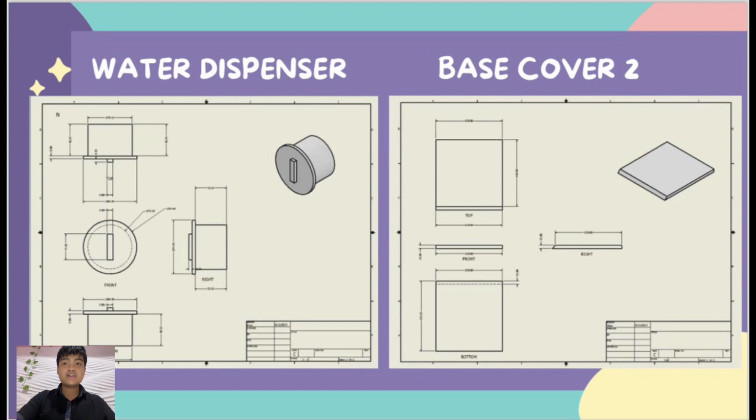I'm going to talk about the second base of the machine. The measurement is also the same as the base that I just described, but I'm going to explain it once again. So from the top view, the total of the base and also the height of the base is the same, which is 630 millimeters.